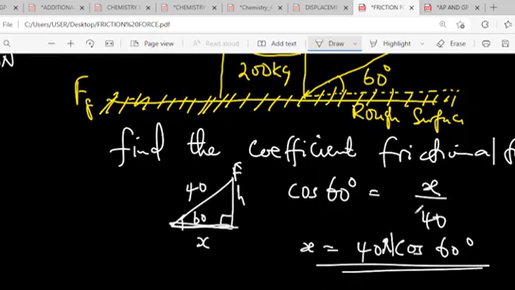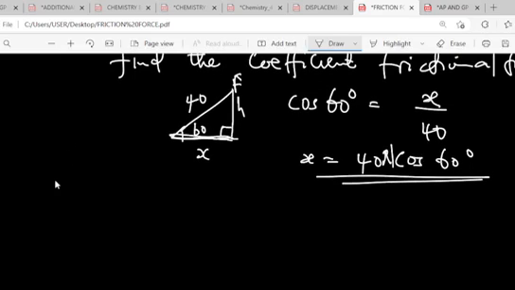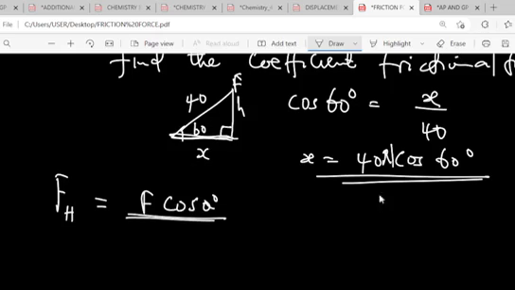In other words, when you want to find the horizontal force, it is written as FH, which is force multiplied by cos theta. This cos theta comes from this explanation: the force, 40 newtons, and the cos, 60 degrees. It can be any force. So I think we have understood.